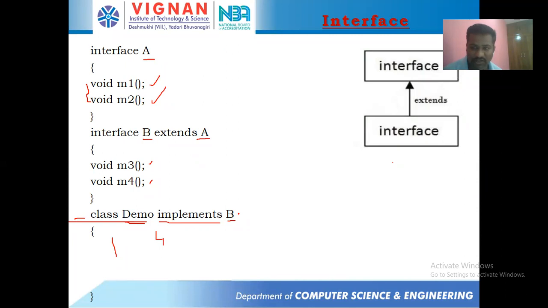No, not possible, Srikar. The implements keyword itself says that the demo is taking responsibility to implement the methods which were there in B. Class demo implements B means B contains some specifications, four methods, and this demo is taking responsibility to implement those four methods.